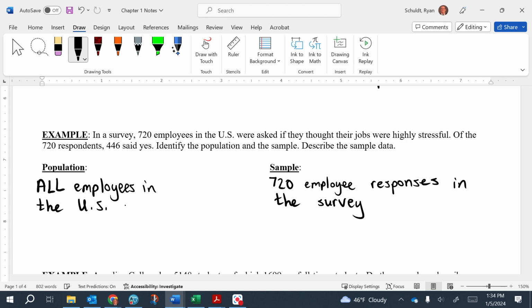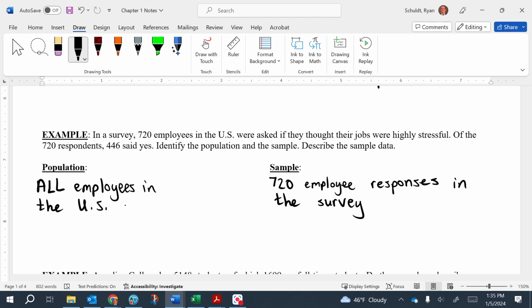Let's say I want to see if the work environment nationwide is causing people to stress too much. I'd go out and do a survey of 720 people. So I'm interested in nationwide. Nationwide is on your side. I'm interested in nationwide things, but obviously I can't go survey everyone in the nation, so I'm just going to pick 720 people.